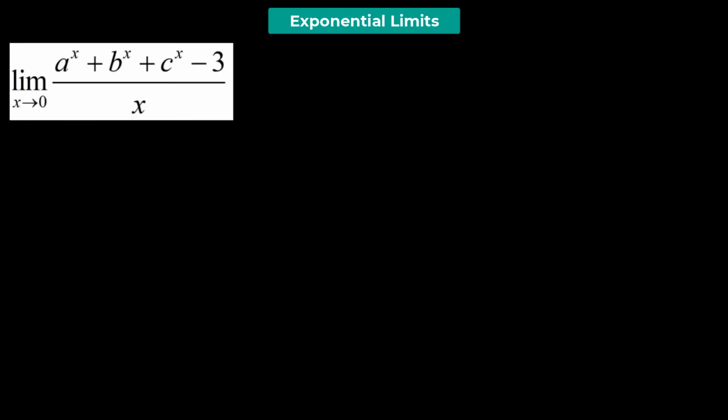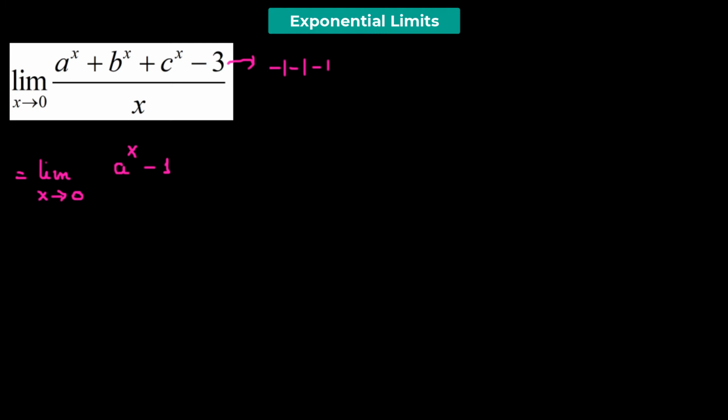So in order to find the value of the given exponential limit, we'll rearrange the terms in the numerator. So we can rewrite it as limit x approaching 0, we have a raised to the power of x minus 1. So this -3 can be written as -1 minus 1 minus 1.